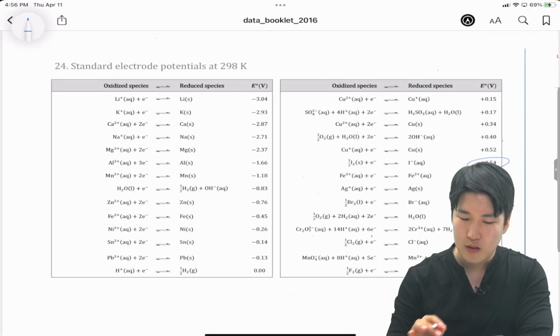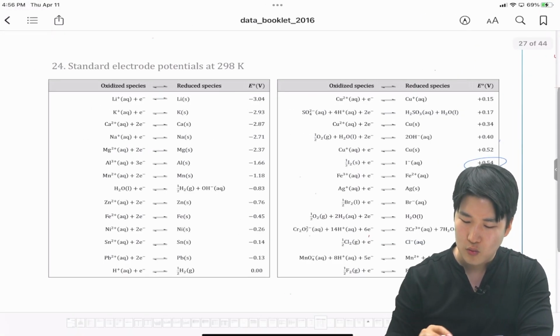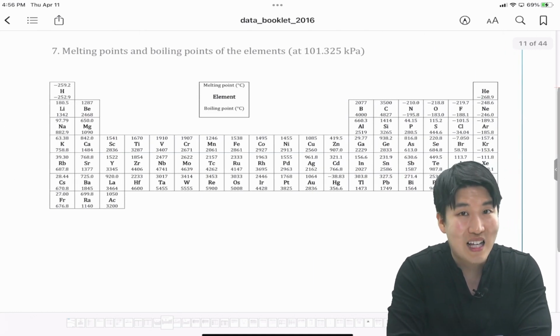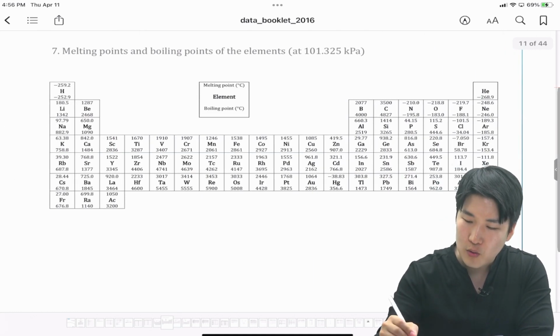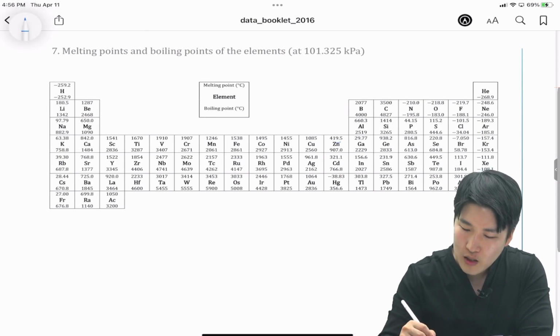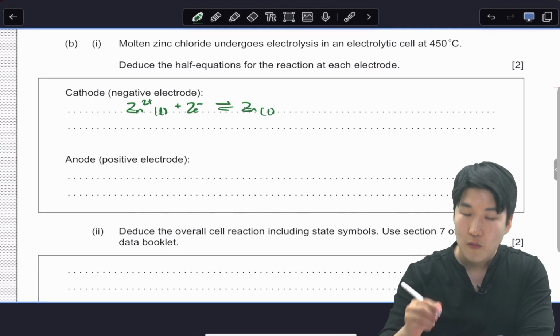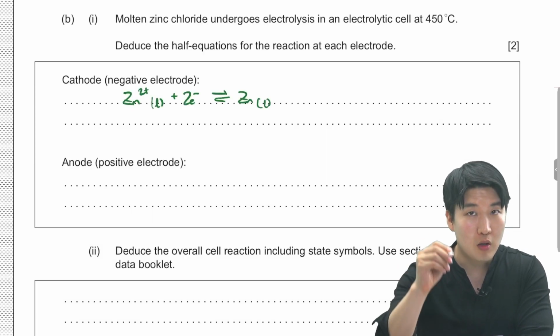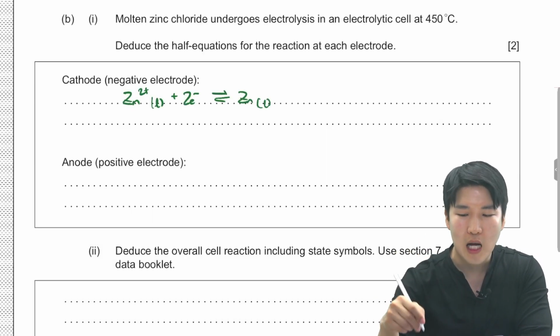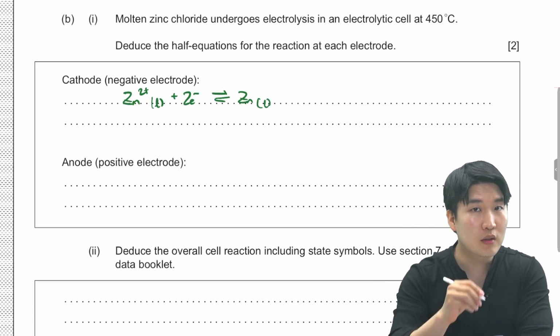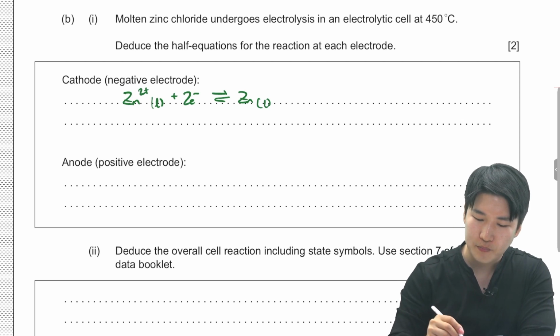Let's check that by going to melting points and boiling points of the elements. I do see zinc to have 419.5 degrees Celsius melting point, which is lower than our electrolytic cell temperature. Therefore, it will be molten and therefore in liquid state.